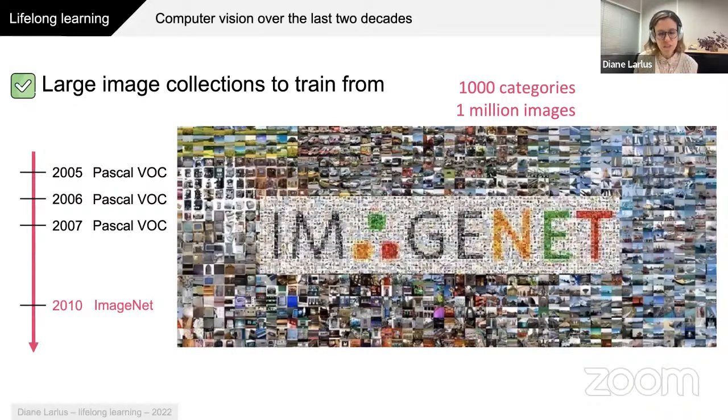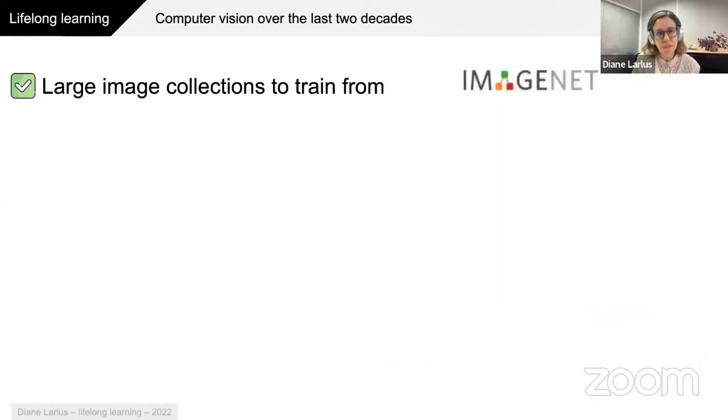So now participants could train on 1 million images to classify 1,000 possible categories and were evaluated again on a common test set, so the different methods could be compared. So there was a companion challenge, and it really became the new test bed for image classification.